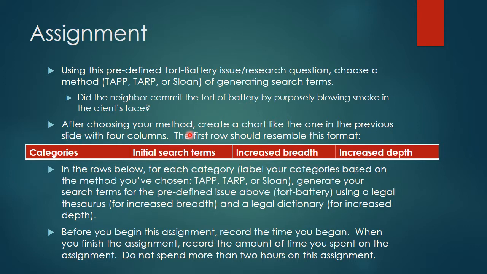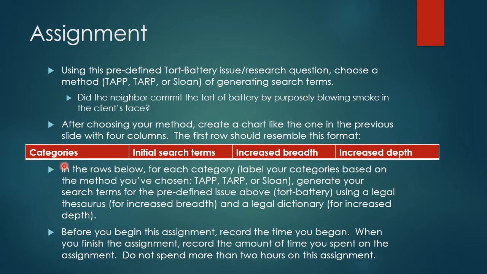After choosing your method, you're going to create a chart like the one on the previous slide with the four columns. The first row, the top columns, will look just like the one from the previous chart: categories, of course, initial terms, increased breadth, increased depth. In the rows below, for each category, label the categories based on the method you've chosen.